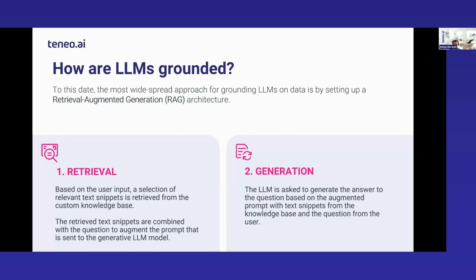Websites, documents, etc. Once this step is done, it has a result, which is a selection of text snippets that come from our documents or our website. Then we have a second step, the generation, where we provide this within the prompt to the large language model and formulate the answer.